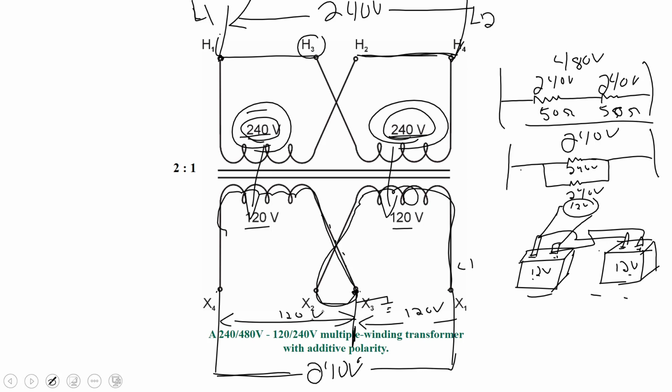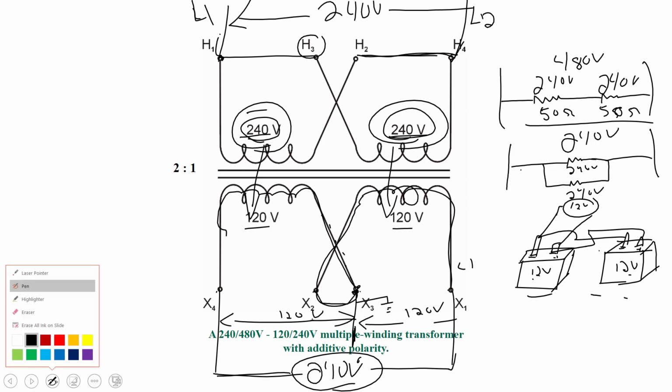But I add them together, I get 240. So we've just made an Edison 3-wire. So that's essentially how it is. It's a 240 volt induced secondary voltage with a center tap. And so because the terminal points come out in the middle here, we can make that Edison 3-wire. We have the availability of all three voltages. All right, let's keep working with this.